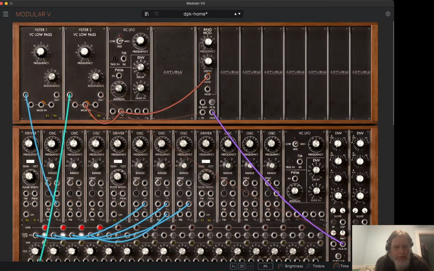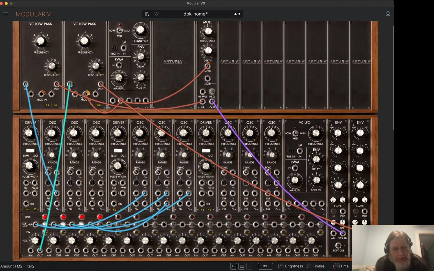Right where the arrow is, you see two cables coming out of the triangle, going into the filter here, and going into the ring modulator over here for the frequency of the ring modulator. And that's basically it.